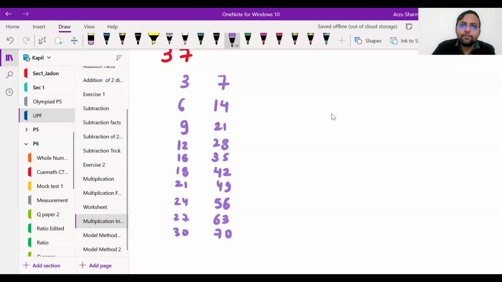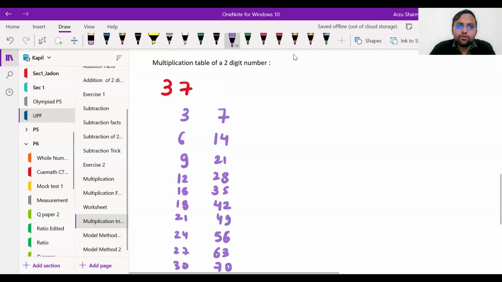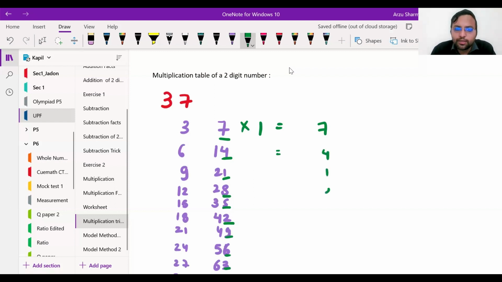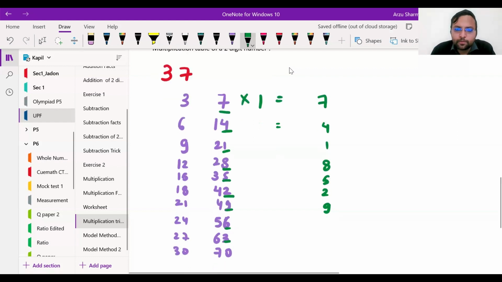After that, to write the table of 37, the first thing we need to do is take the ones digit of the multiples of 7. Take them all here. So 37 times 1: write 7, then 4, 1, 8, 5, 2, 9, 6, 3, 0. Write all of them here.